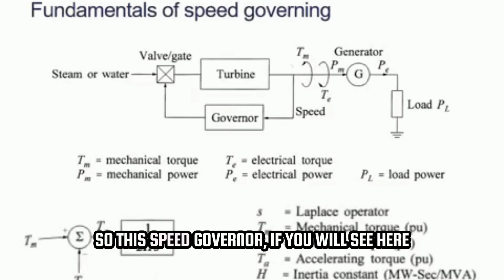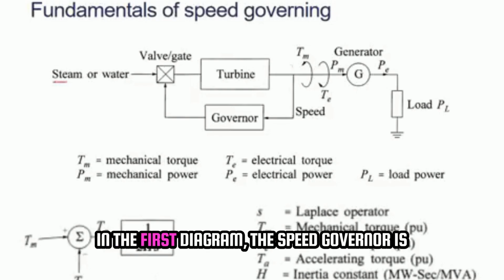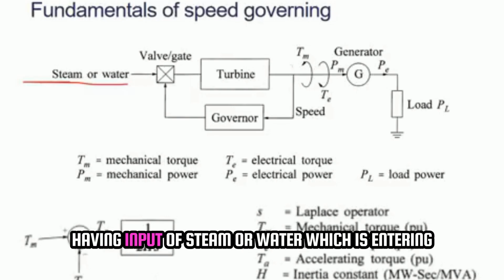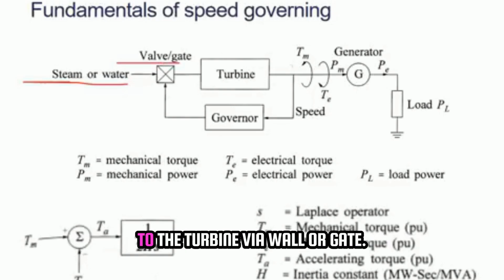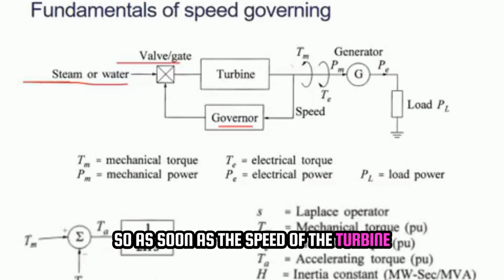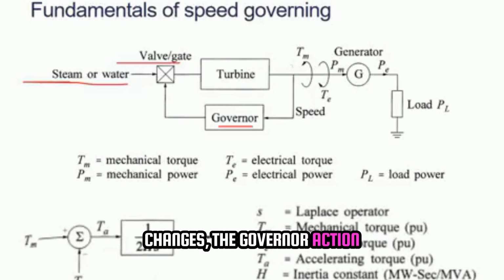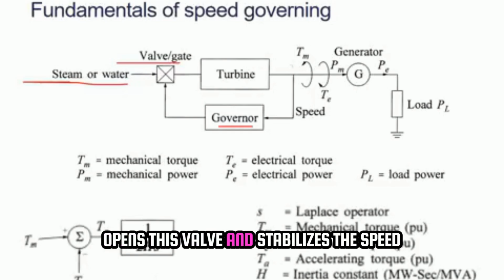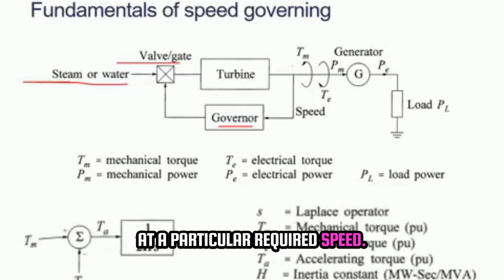In the first diagram, the speed governor has an input of steam or water which enters the turbine via a valve or gate, and this valve gate opening is controlled by the governor. So as soon as the speed of the turbine changes, the governor action opens this valve and stabilizes the speed at a particular required speed.